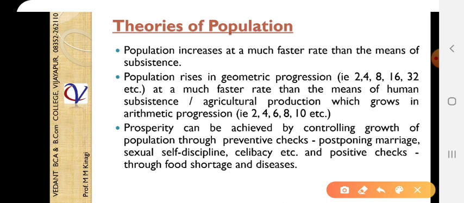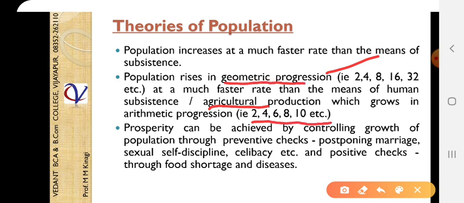Whether or not we have secondary and tertiary, we require agriculture, which is the basic primary sector. Population is increasing like 2, 4, 8, 16, 32, a geometric progression, but agriculture production is growing in arithmetic progression, that is 2, 4, 6, 8, 10.